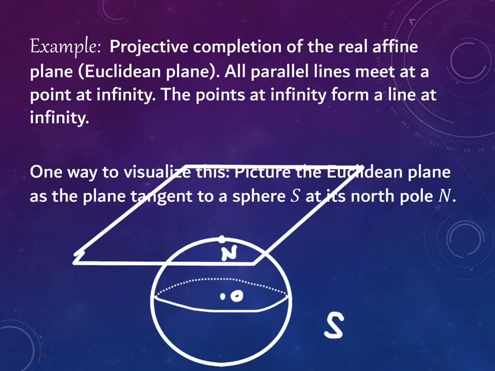Okay, so there's my piece of paper, here's my plane, and it's touching at point N. The plane is called plane T. And we have points inside of our plane that we're going to call point P. And our plane is the Euclidean plane, so we have to realize that this continues on forever.